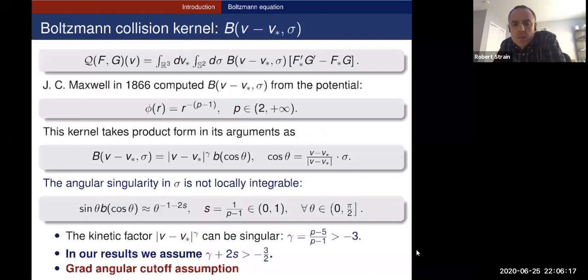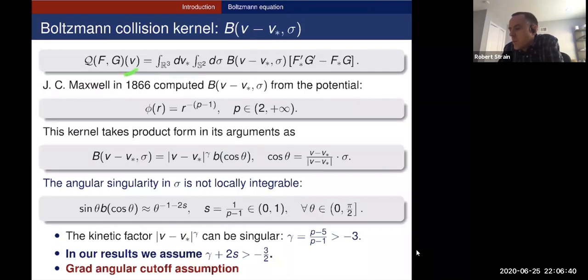And so this gives us the context to look at the Boltzmann collision operator. There's the collision kernel that's denoted here by capital B of v minus v star and sigma. And then the collision operator takes the form Q(F,G)(v). It's a non-local integral operator because of the integral over v star.